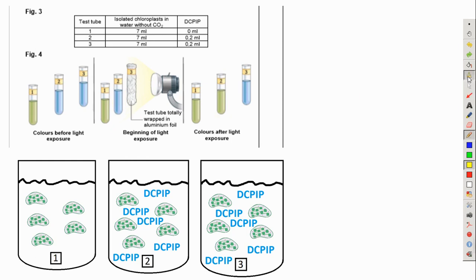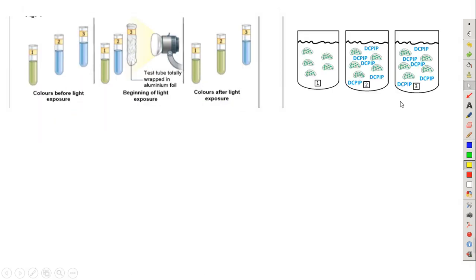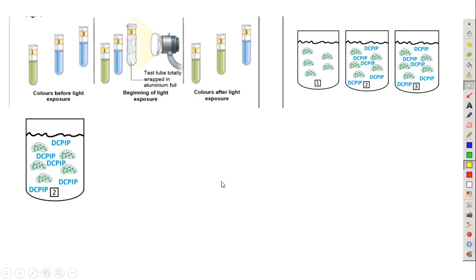So we're going to move on to the next slide to explain why there is this change in colour. As a reminder, that's what we have in the tubes. Tube 2, at the beginning of the experiment, we've got chloroplasts and DCPIP, and you remember that DCPIP is blue, that's why the tube has this blue colour.